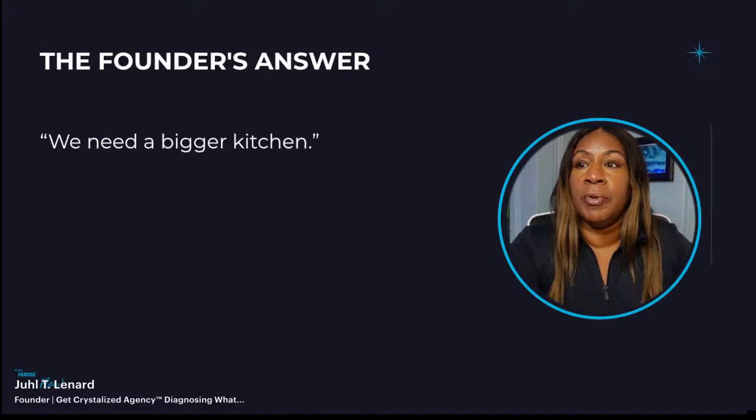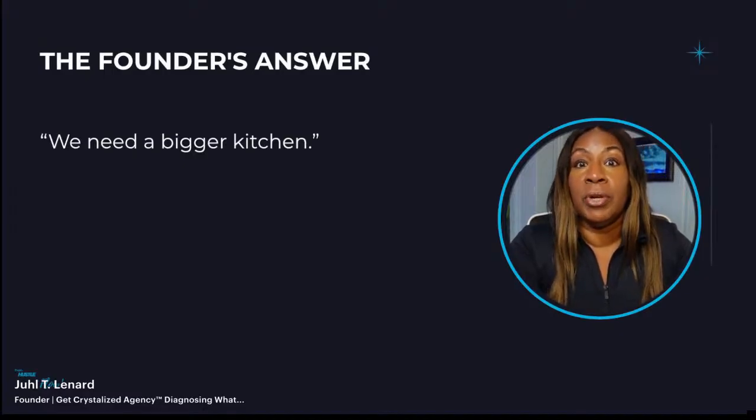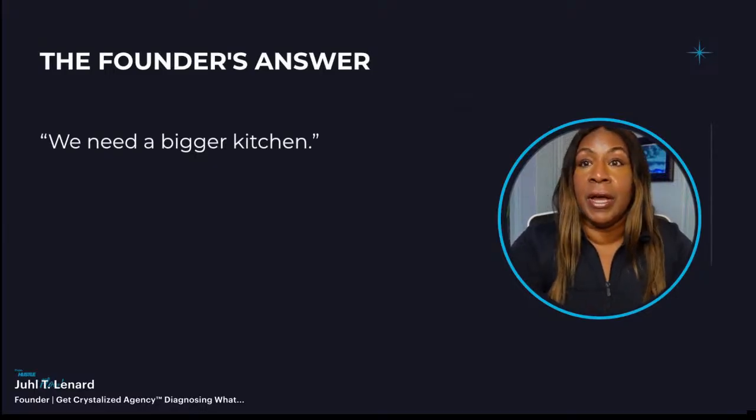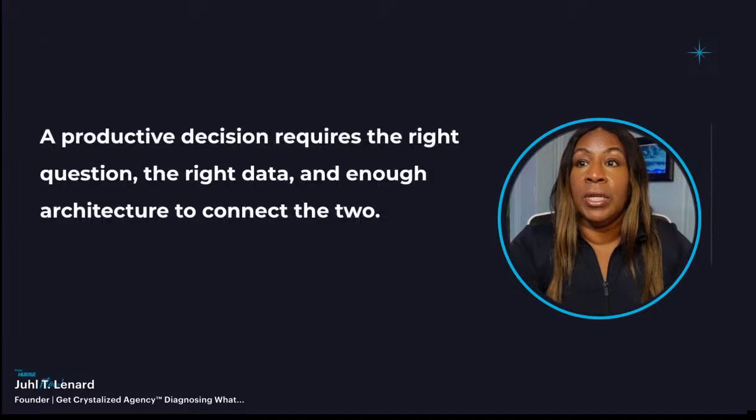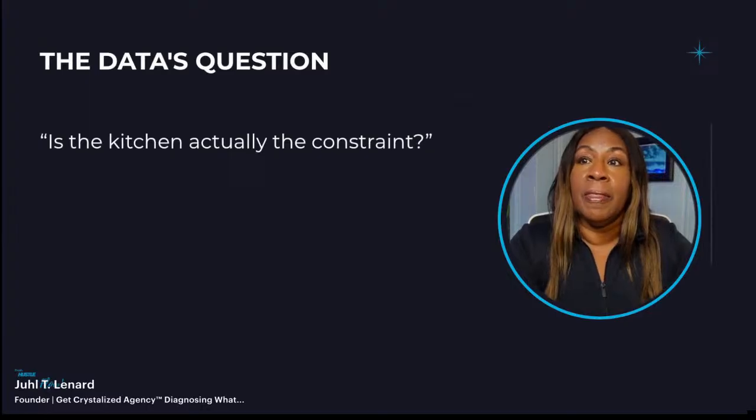Let's use that example. Okay. So, the founder's answer is that we need a bigger kitchen. Okay. That's the answer. So, we start out and we said, well, we need to make a productive decision. We're looking at a decision that has been made, which is we need a bigger kitchen. And then the question, though, is the kitchen really the constraint?